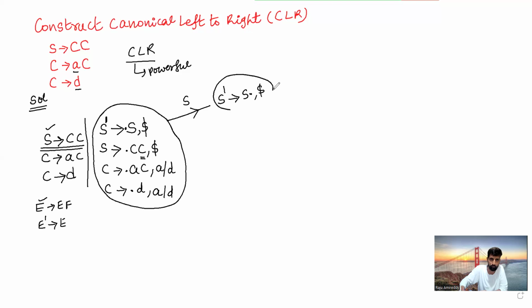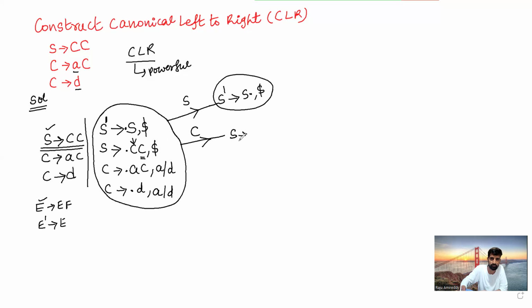Remember, when we find the GOTO, the dot moves after the value: .S will become S. In this we have S → .CC, so we find the GOTO value for this one with capital C.